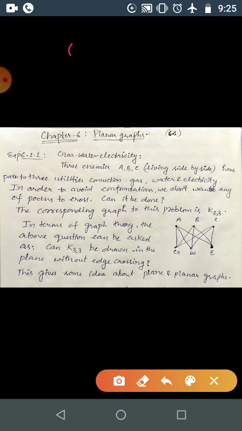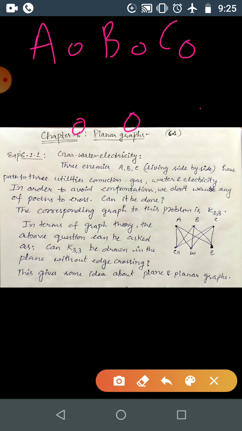In terms of graph theory, if you want to draw a graph corresponding to this problem, there will be three vertices, three persons living side by side, A, B, C. And three utilities: this is gas, this is water and this is electricity, okay.